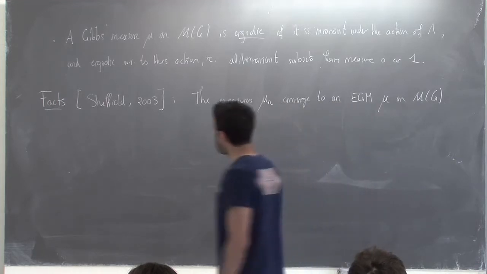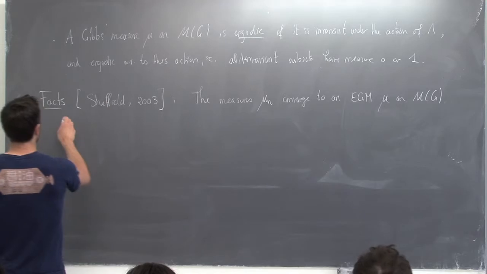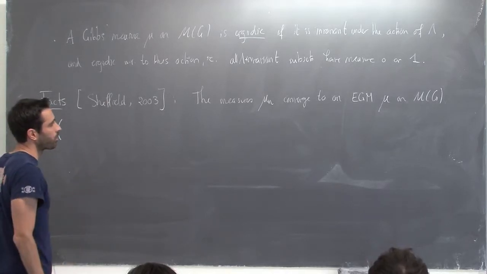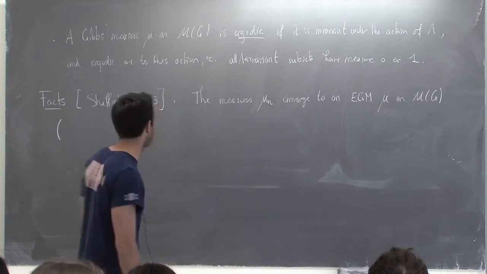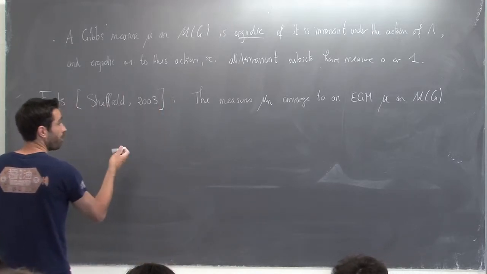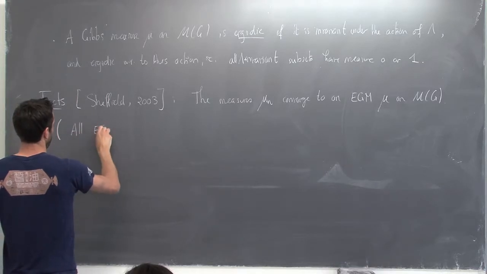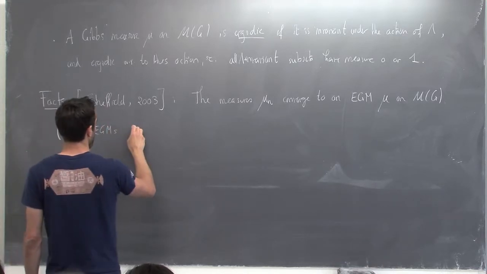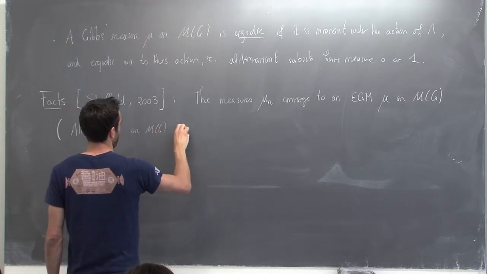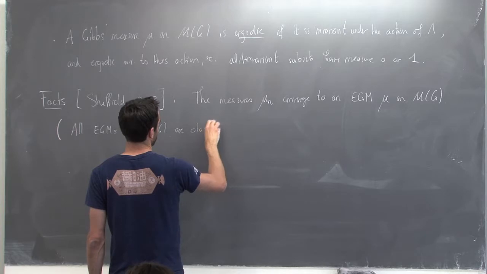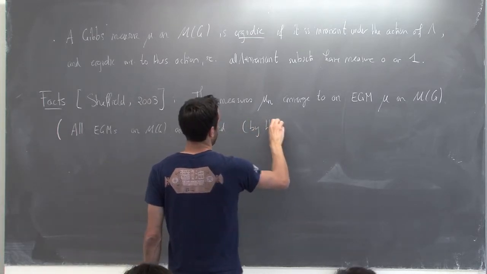So this is not the hard part of his theorem, but actually I will quote the hard part in parentheses because we're not really going to use it, but it's worth being quoted. And actually all ergodic Gibbs measures on G are classified by what is called their slope.